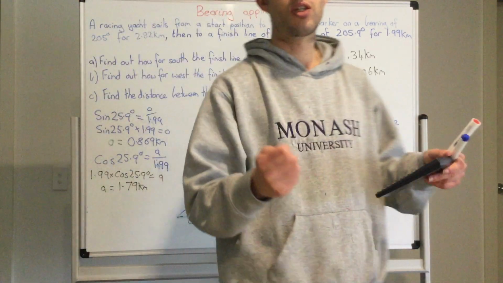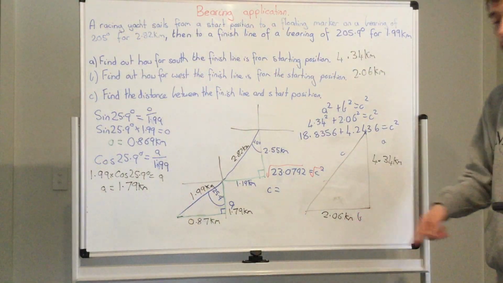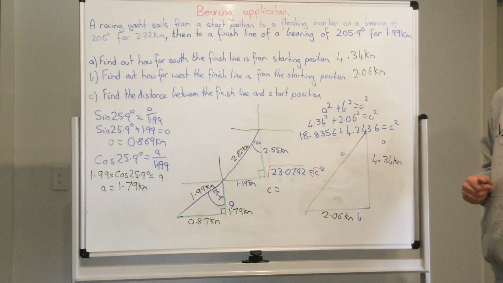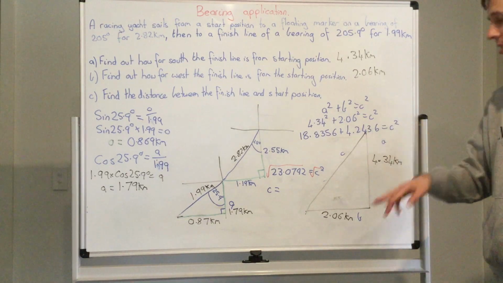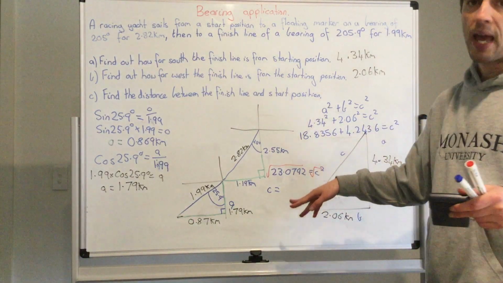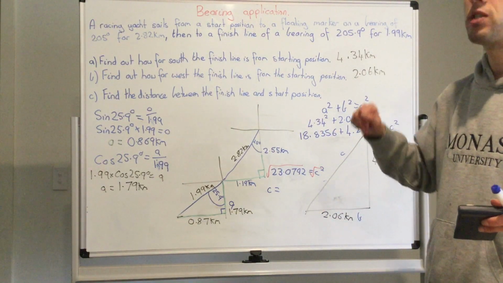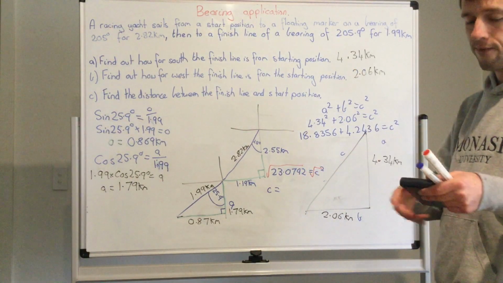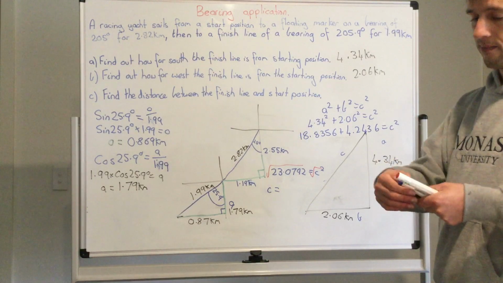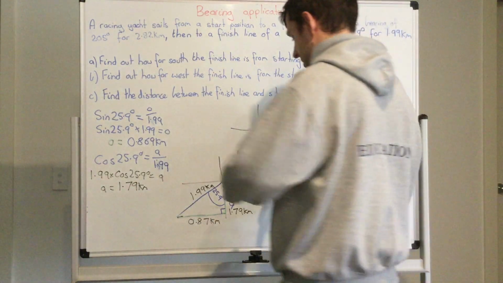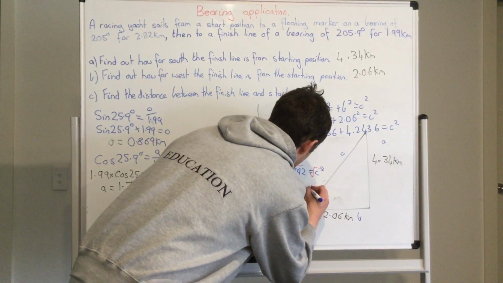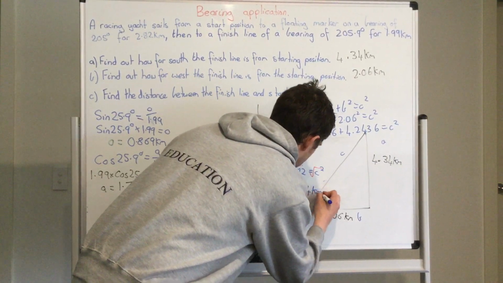If you know your square roots, we know that 4 squared is 16, so the square root of 16 is 4. And 5 squared is 25, so the square root of 25 is 5. So this is going to be between 4 and 5. And it comes out at 4.804 kilometres.